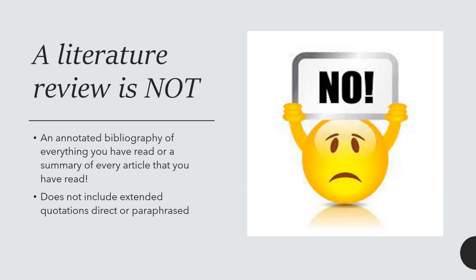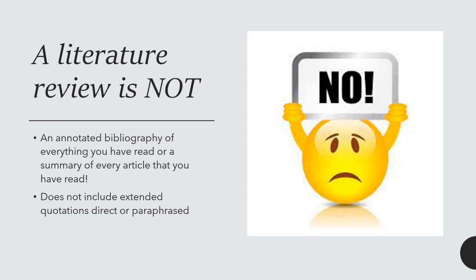So they read article 1, 2, 3, and 4, and they give a summary in one paragraph of article 1, 2, 3, and 4, and then that's it. Now, that's not a literature review. That's a description at best.